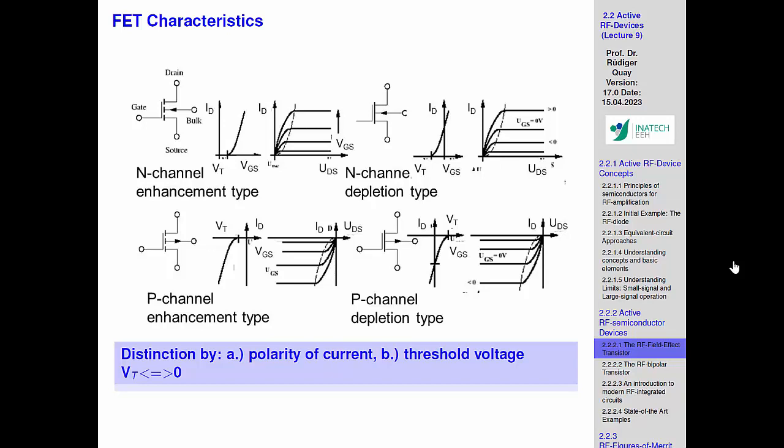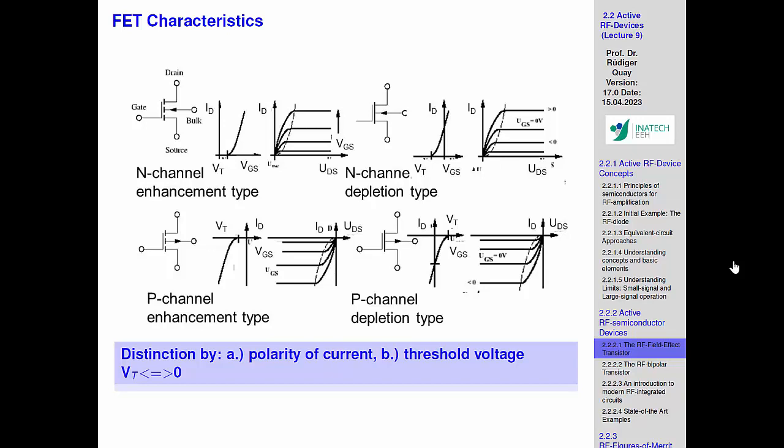Also, typically they are enhancement type, which is something different. Enhancement type means you need a positive voltage to turn the device on, and it will be off if nothing happens. This is fail-safe: if there is no voltage, the device is automatically off, which is a good thing. That helps a lot.